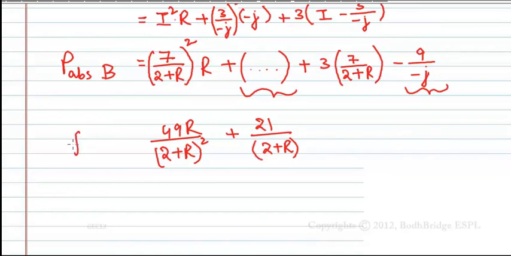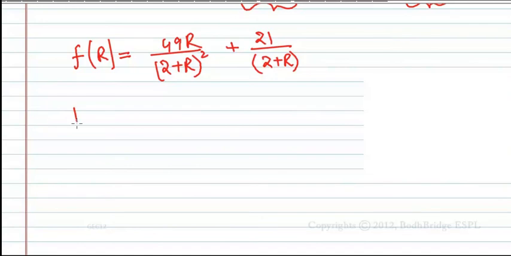This is a function of R. How do you maximize this one? By differentiating. We want for what value of R this is maximum, so df by dr is equal to 0. Which implies what?